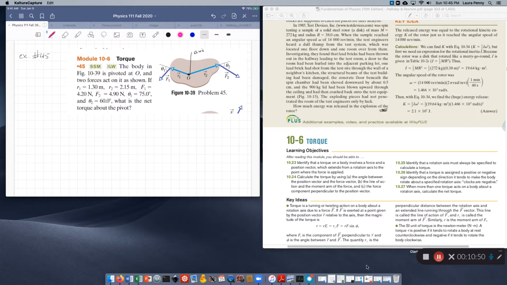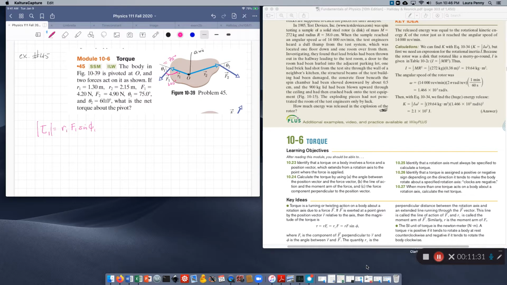So first, I'm going to say, well, the torque for force 1, the amount of the torque. So the amount of the torque from force 1, this should be R1, F1, and then the sine of the angle between these things. So if this theta 1 is 75 degrees, then the angle between R and F is actually going to be 105 degrees.